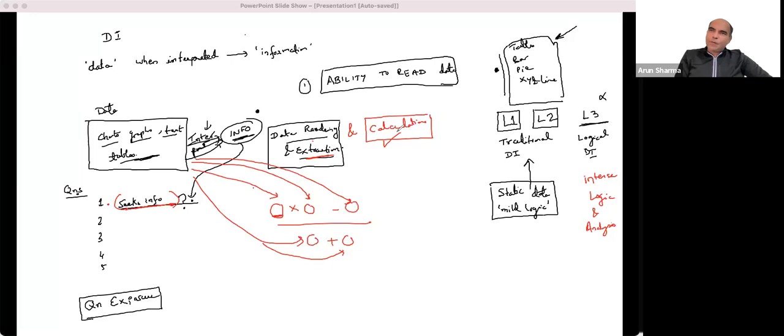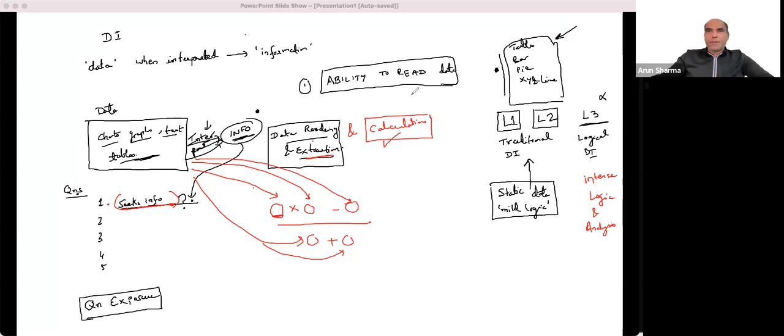So those are the skills required for traditional DI. Now, one more thing before we move on. What you need to understand is that your data interpretation is about data reading.